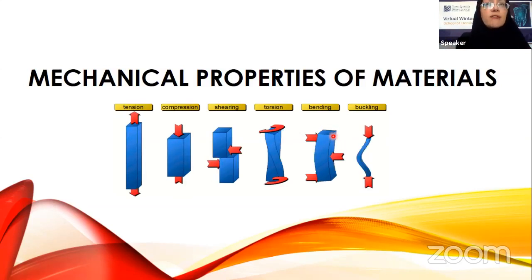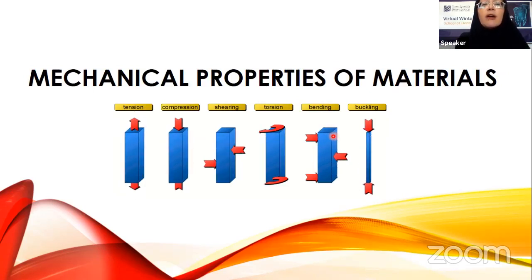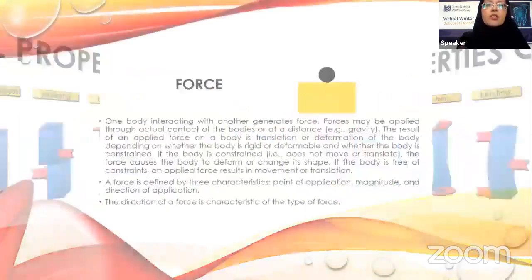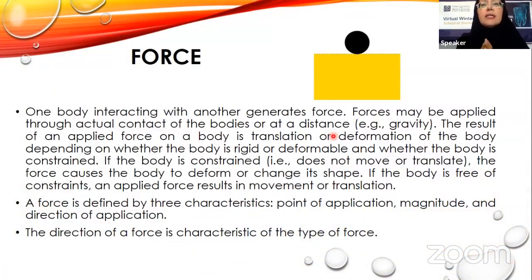The direction of these forces may be in tension direction, maybe compression, shear, or maybe torsion, bending, or buckling. So this material has to tolerate different forces which apply in the oral environment of that material.